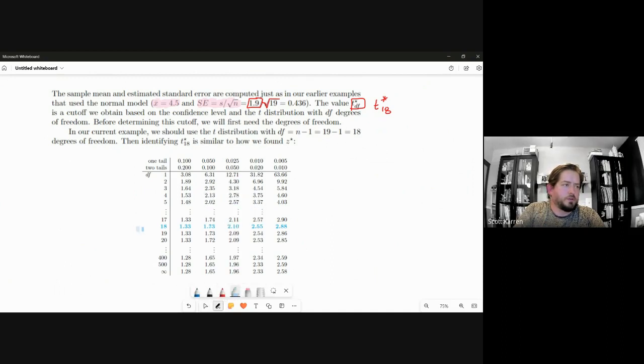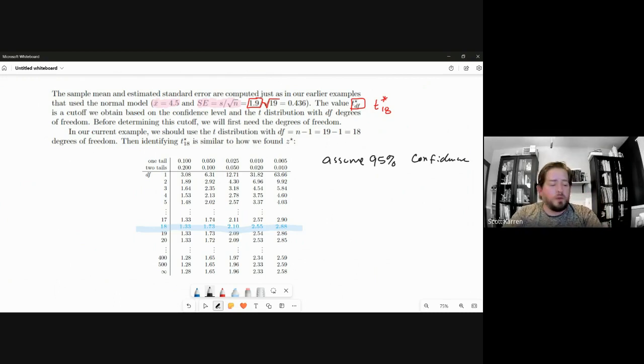So it's going to be one of these values. But again, since it didn't tell us our confidence level, we're going to assume 95, which is our default unless otherwise stated or requested, right?